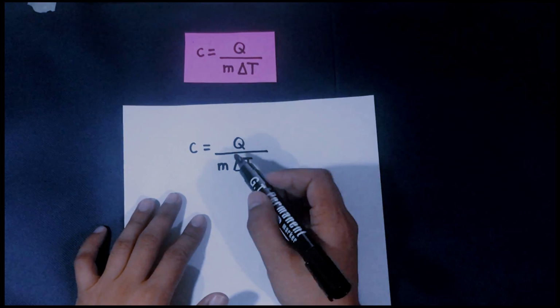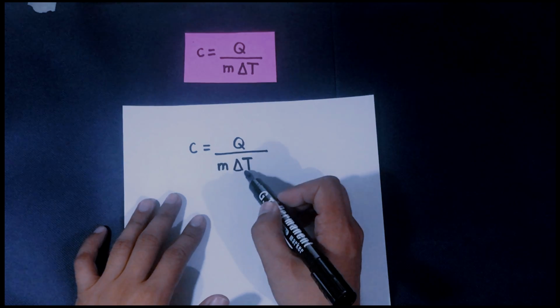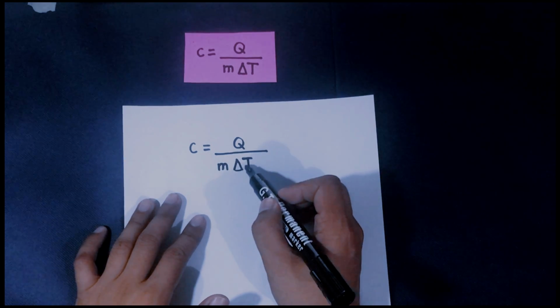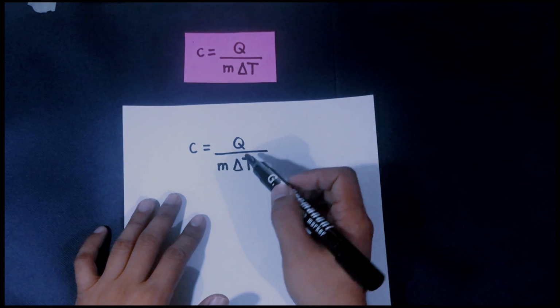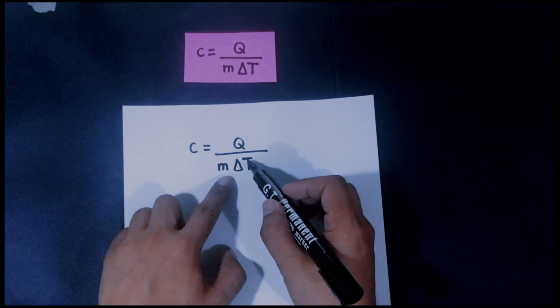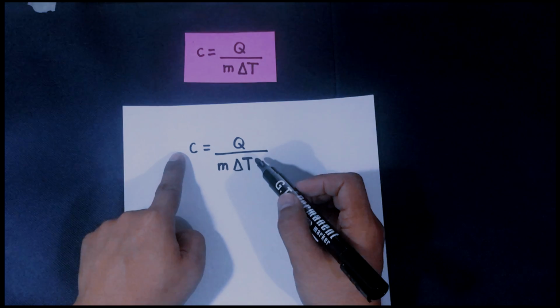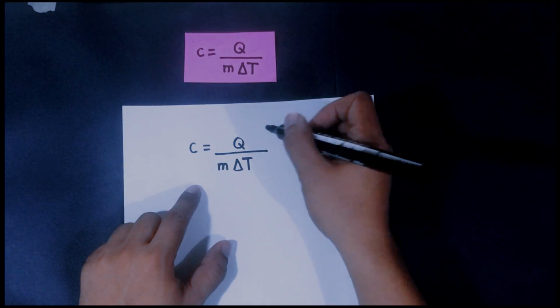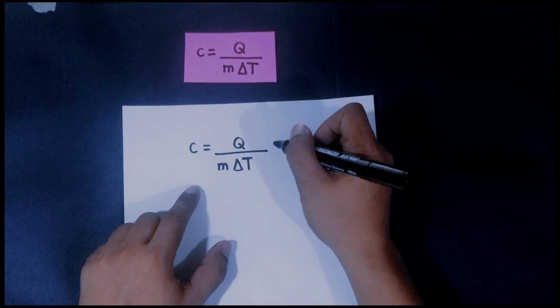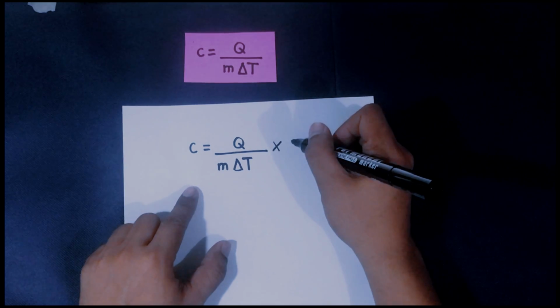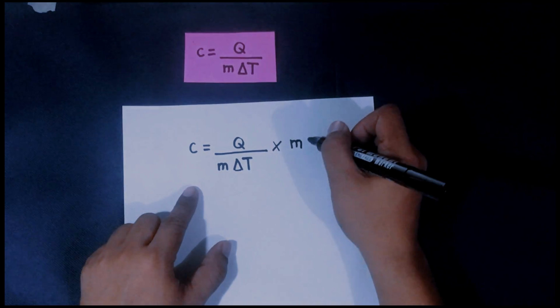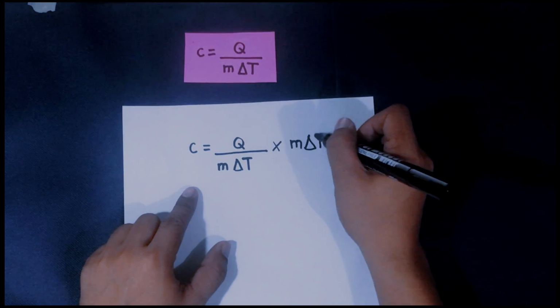So we need to remove this M times delta T. How do we remove this and place it on the other side of the equation? We just simply need to multiply both sides by M delta T.